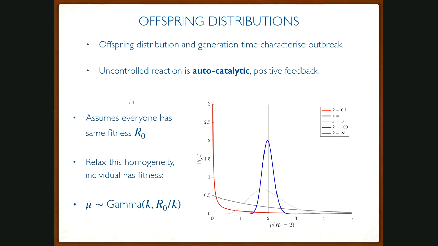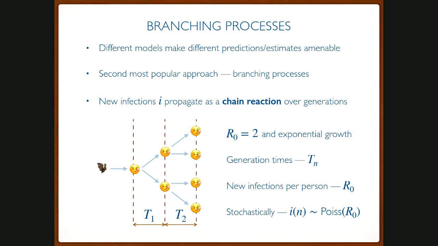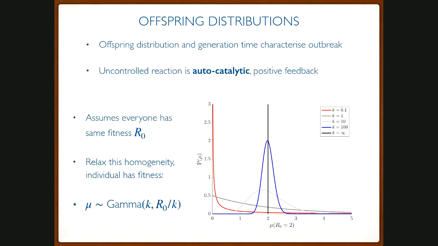An offspring distribution is quite a neat idea, and it also comes out of demography, where you think of the infection as a reproductive process. And chain reactions, of course, are autocatalytic, with positive feedback. In this deterministic example initially, we'd be assuming that everyone infects R naught people going forward.